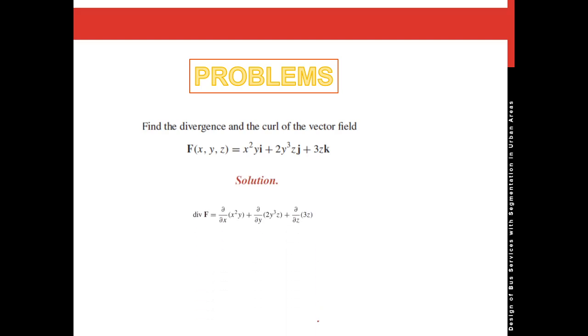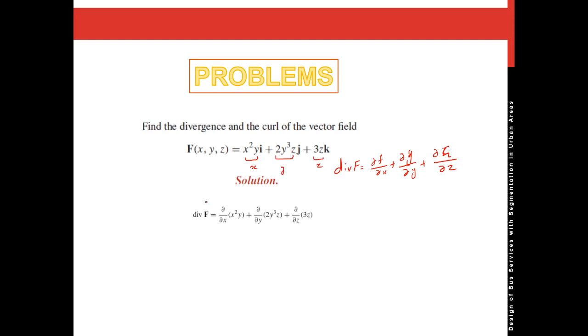Before that, what is the formula for finding divergence? div F = ∂f/∂x + ∂g/∂y + ∂h/∂z. That means the i coordinate we differentiate with respect to x, the j coordinate with respect to y, and the k coordinate with respect to z.